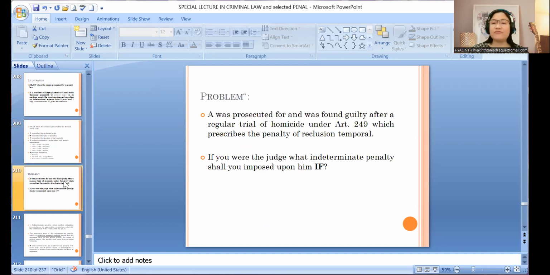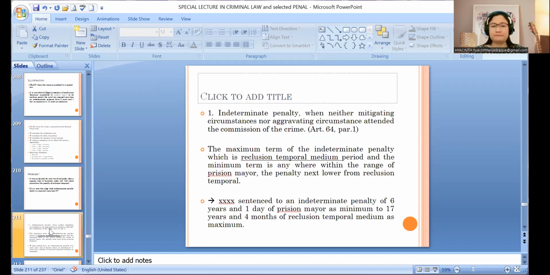So let's have some illustration. A was prosecuted for and was found guilty after a regular trial of homicide under Article 249, which prescribes the penalty of reclusion temporal. So the prescribed penalty here is reclusion temporal. If you were the judge, what indeterminate penalty shall you impose upon the accused when neither mitigating nor aggravating attended the commission of the crime?